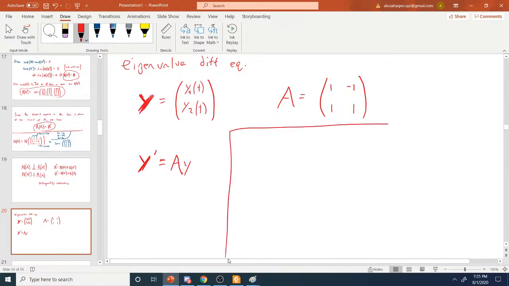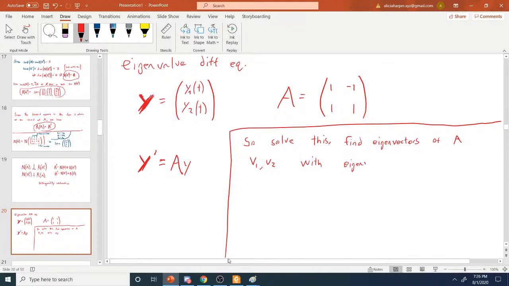So, to solve this, find eigenvectors of A. So say v1 and v2 with eigenvalues lambda 1 and lambda 2.